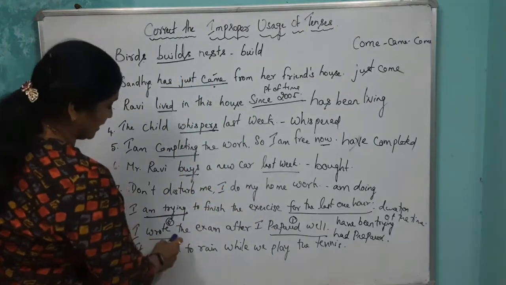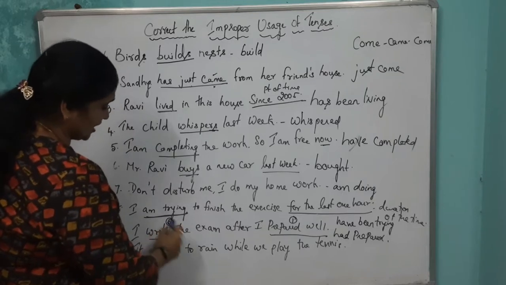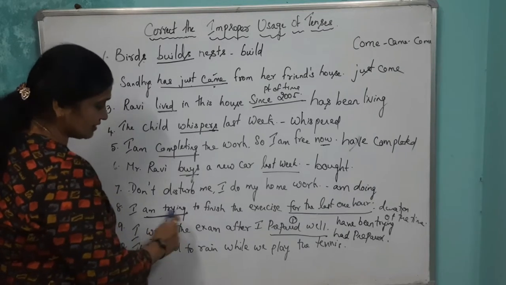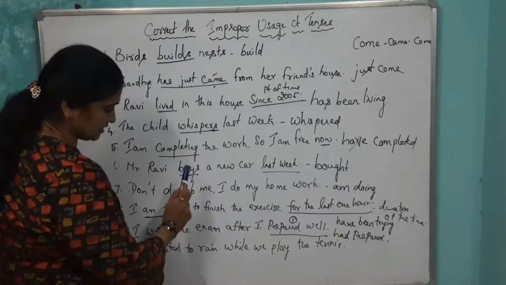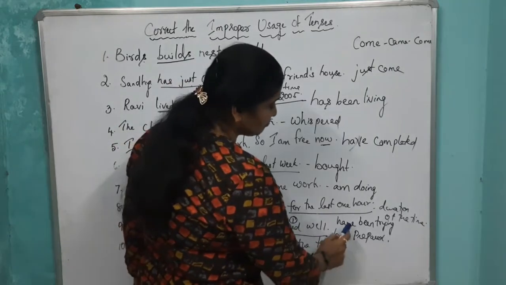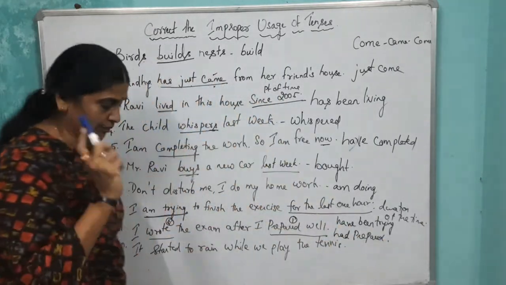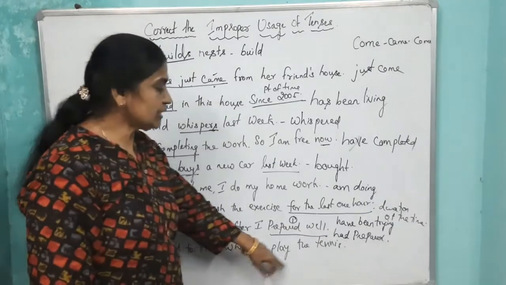Because it took place second, you put here wrote. This verb is correct, past tense, and this one you have to change into past perfect. I had prepared well. And the last sentence says, it started to rain while we play the tennis.